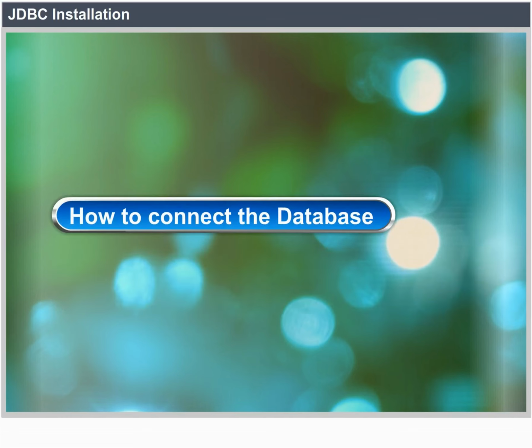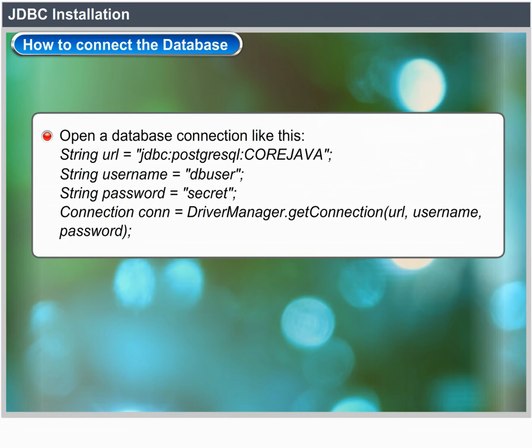How to connect to the database. Open a database connection like this. String url = "jdbc:postgresql:coreJava"; String username = "dbuser"; String password = "secret"; Connection con = DriverManager.getConnection(url, username, password).